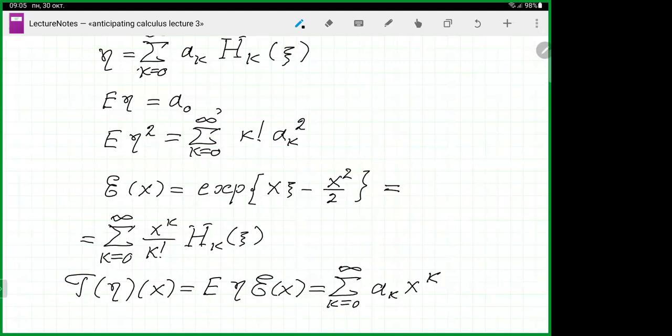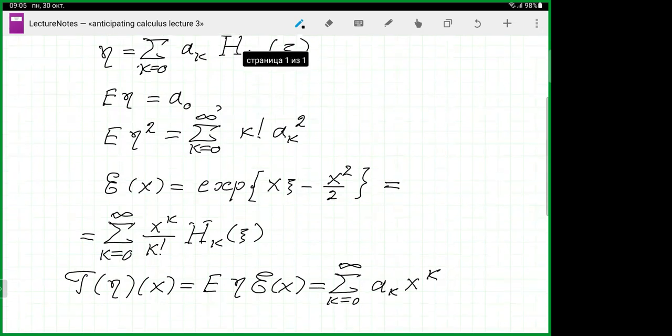From here, one can see that this transformation is an analytic function on the whole real line, and using its derivatives at 0, one can get the expansion of eta with respect to Hermite polynomials.